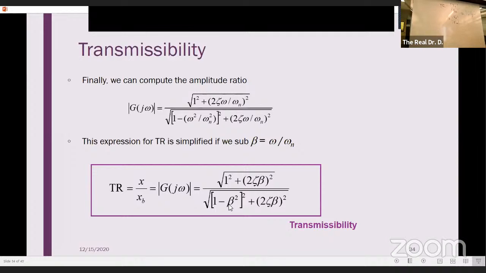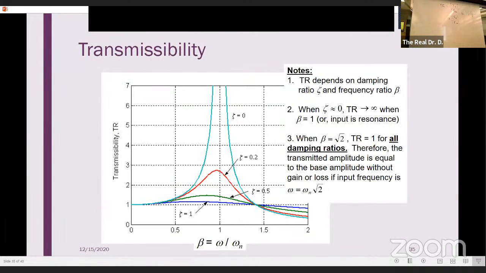And in terms of this equation, this will allow us to plot our transmissibility versus the frequency ratio for different zetas, for different damping ratios, which is this plot, which I do not want to try to draw by hand.